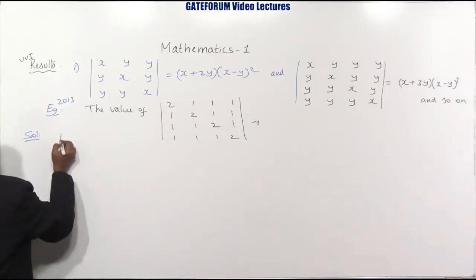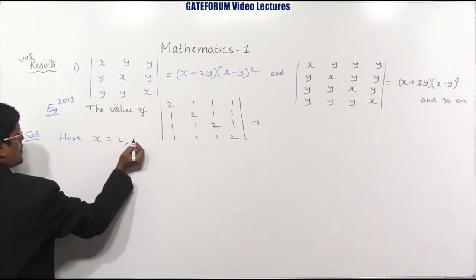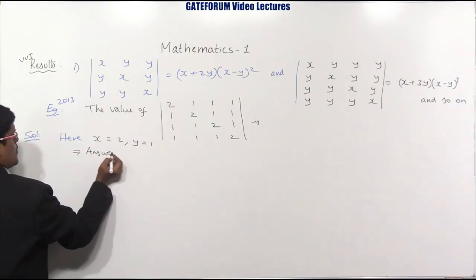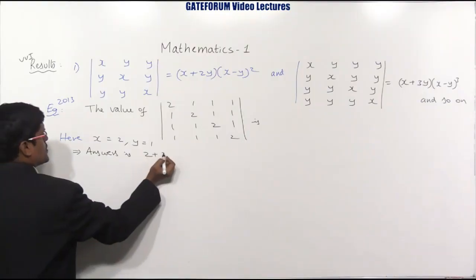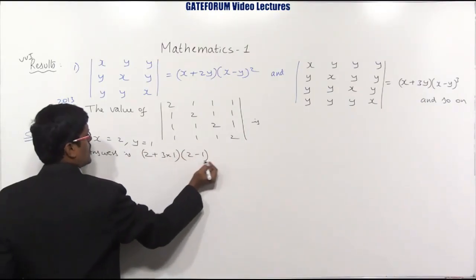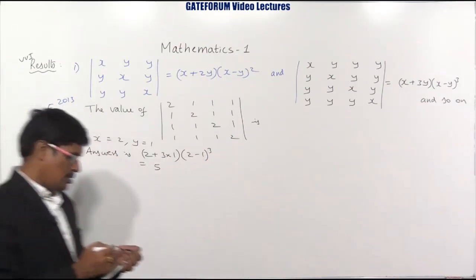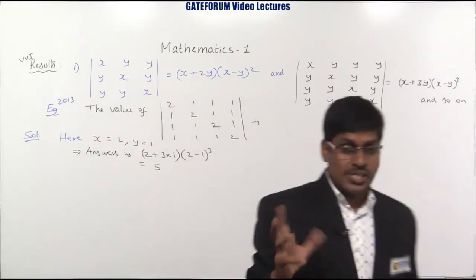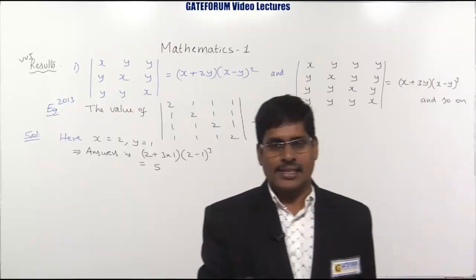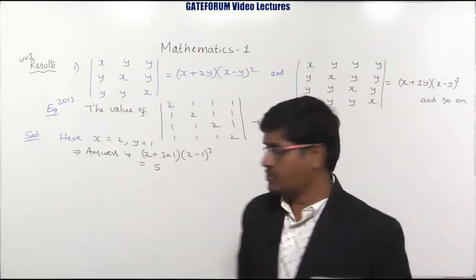Here x is equal to 2, y is equal to 1, which implies the answer is 2 plus 3 into 1 into 2 minus 1 whole cube, which is nothing but 5. If you expand by the original procedure of determinant, that is every element multiplied by its cofactor and then adding in a row or column, that will take in this example 3 to 5 minutes also.